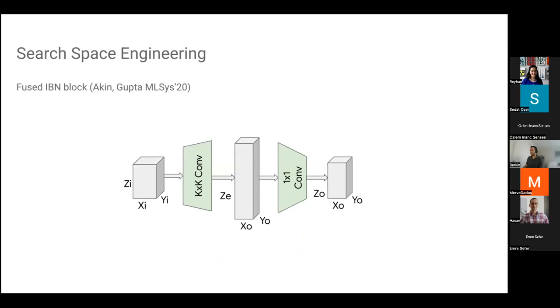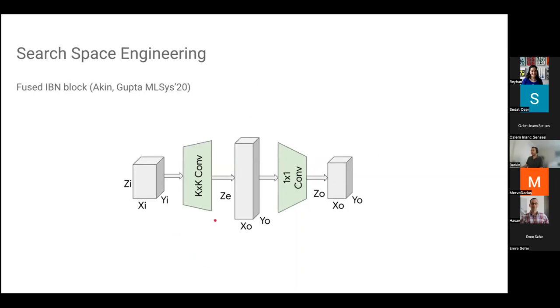So in our work, what we observe is that MobileNet actually targeted mobile CPUs at the time that they introduced it. But for accelerators, because of the concepts that I talked about, such as the SIMD parallelization and these wide MAC units, it actually has a lot more computation available.